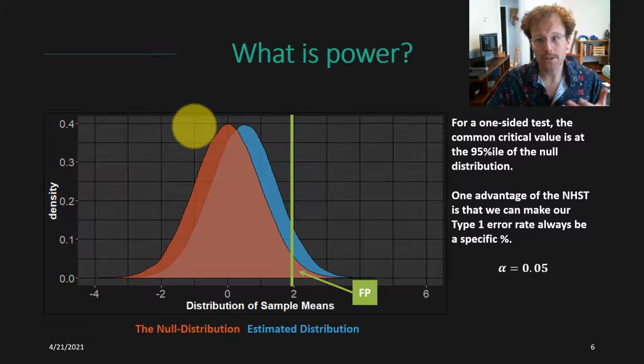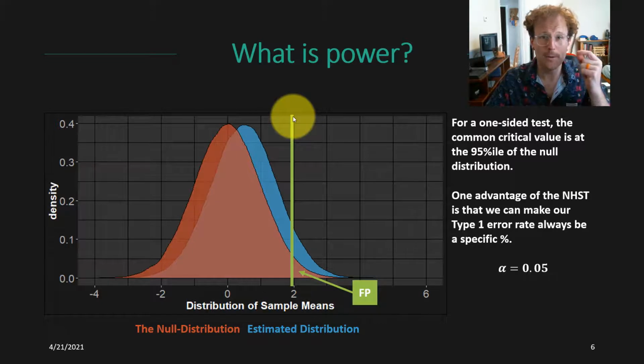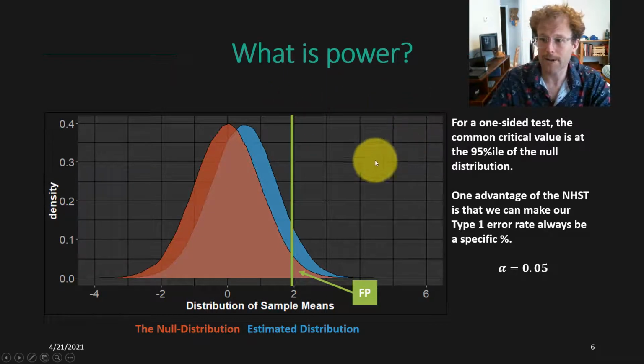In order to calculate power, the first thing that we need to do is say what our type 1 error rate is. What was the alpha level for making these decisions? Because remember, power is the probability of finding an effect to be statistically significant, so where we put that alpha threshold matters. Most of the time, we put alpha at 0.05. So let's assume that we're doing a one-sided test in this situation.